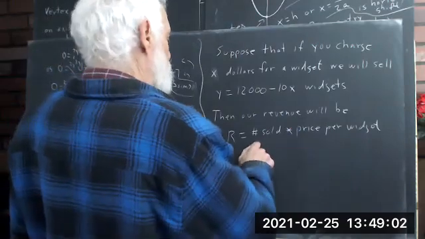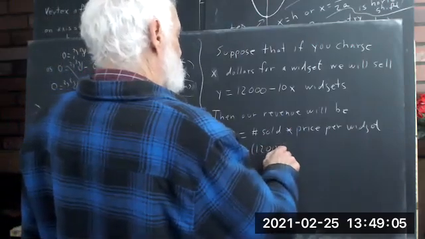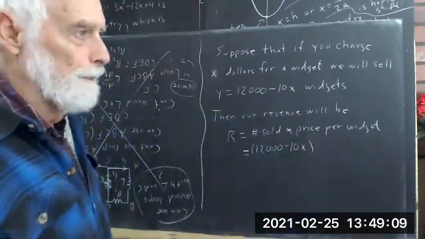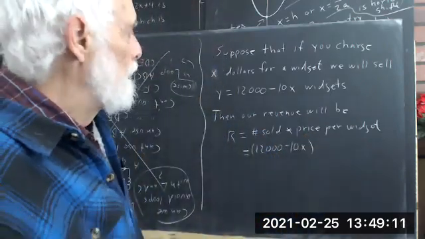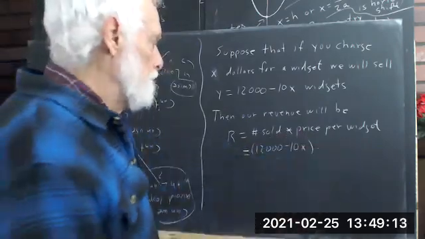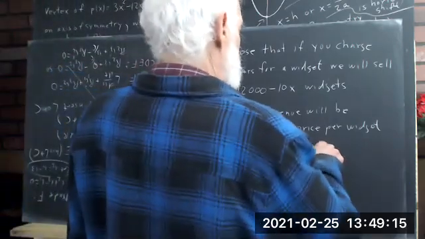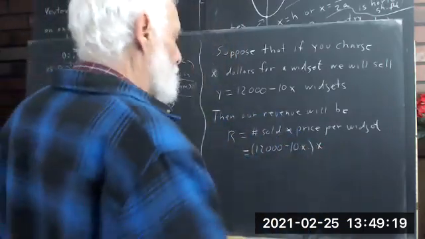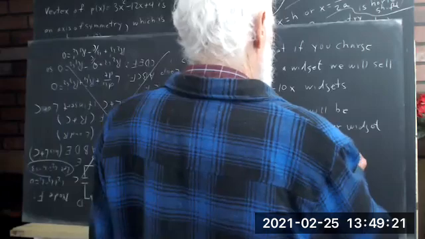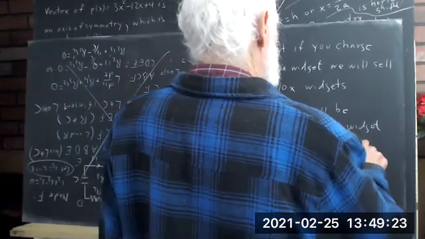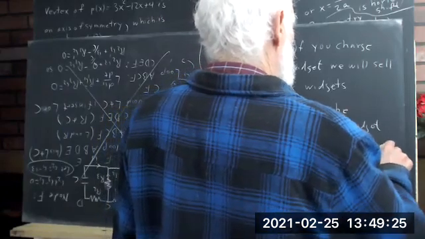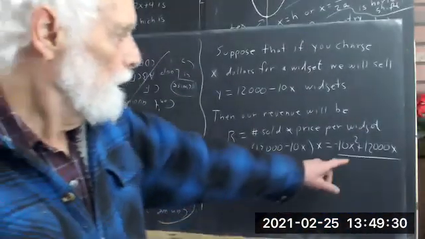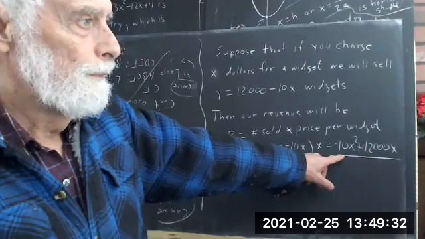Well, the number sold is 12,000 minus 10x, isn't it? And the price per widget is X. And if we multiply this out, we get this. Okay.